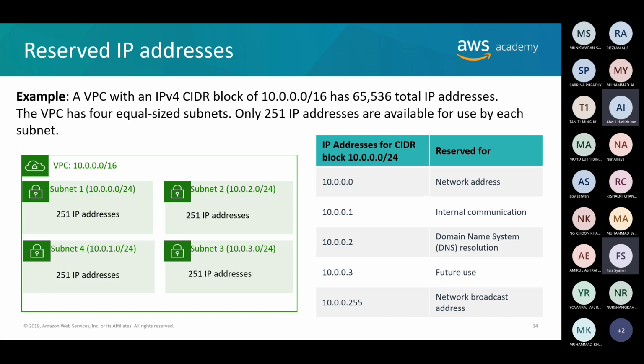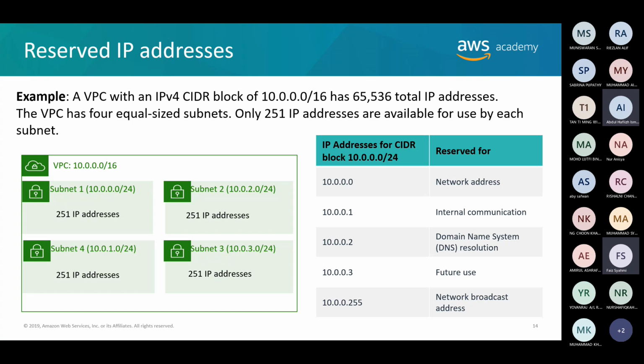For example, dalam VPC ni, kita buat 4 group subnet. Contohnya dalam kes ni 10.0.0.0/24. So patutnya dia ada total 256, from 0 to 255.